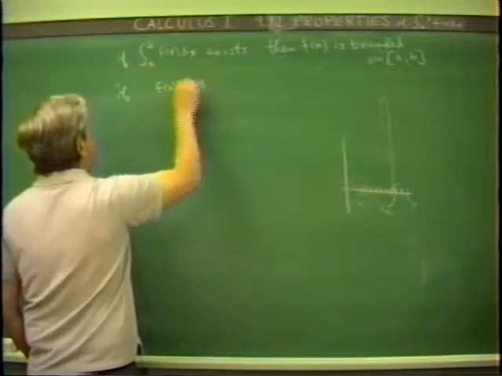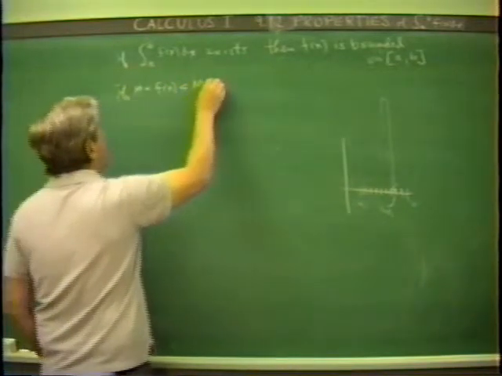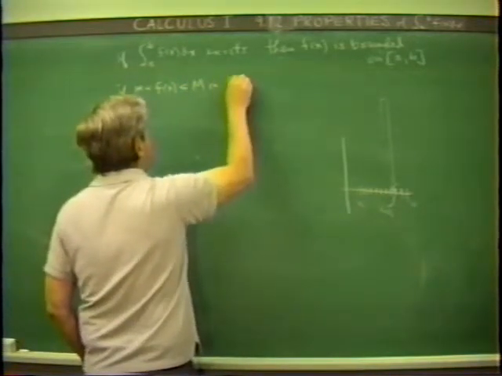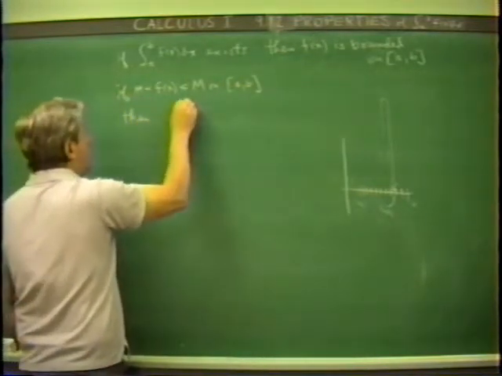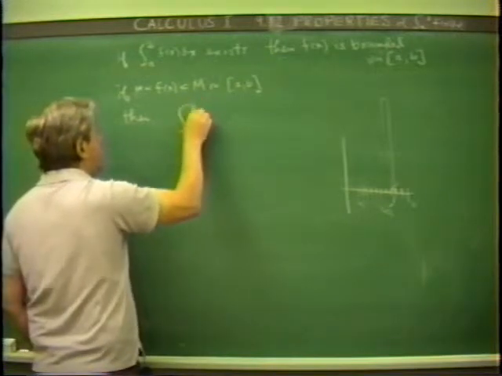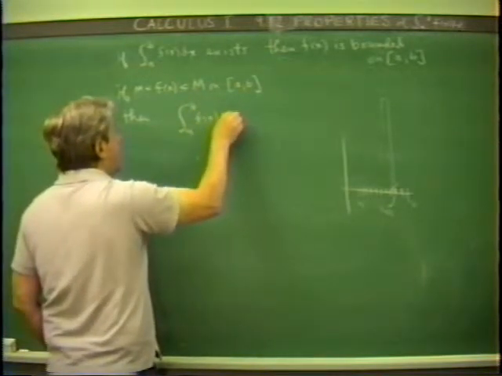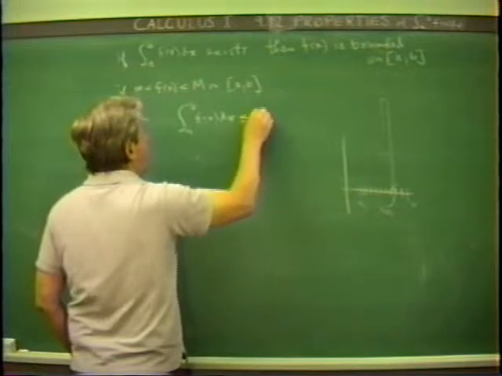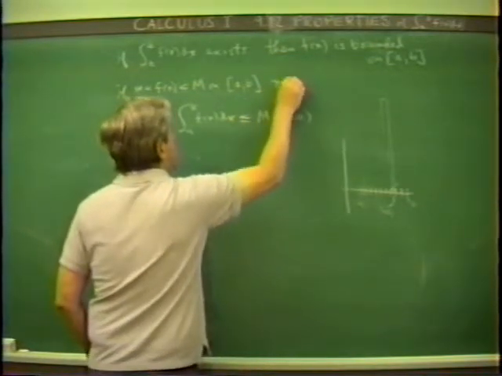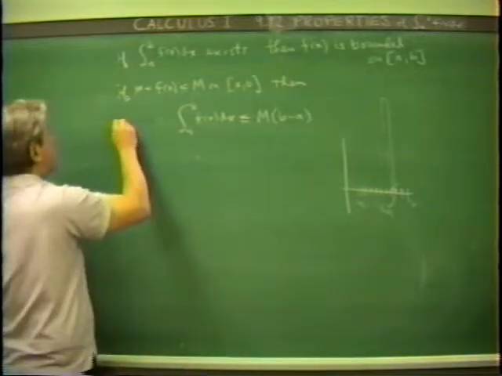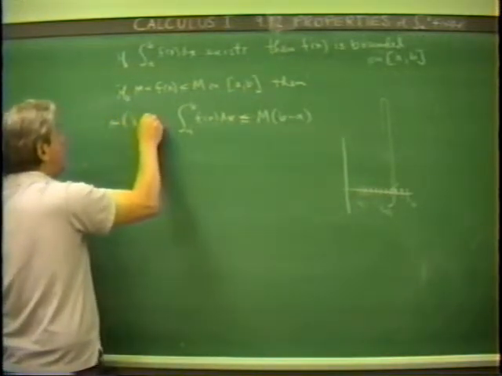Also, if f of x is between little m and capital M on [a, b], then the integral from a to b of f of x with respect to x is between little m times b minus a and capital M times b minus a.